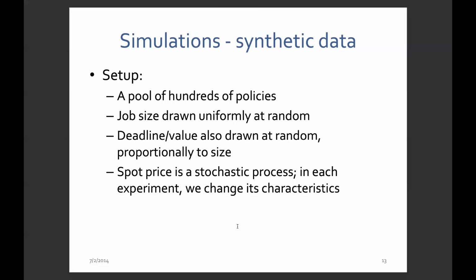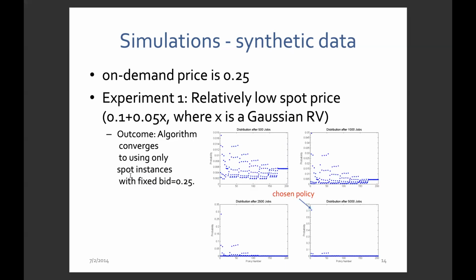Here are the parameters they considered. They considered 208 policies, and the job size was drawn almost at random. Similarly, depending on the size of the job, the deadlines were also chosen randomly. They also designed the spot process throughout the experiment in a random way. Here is the first simulation.